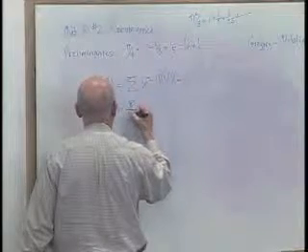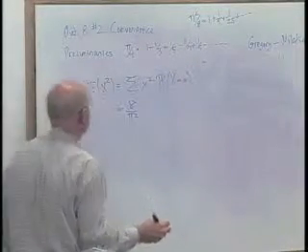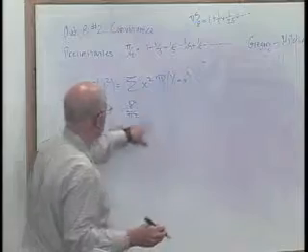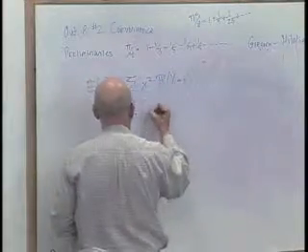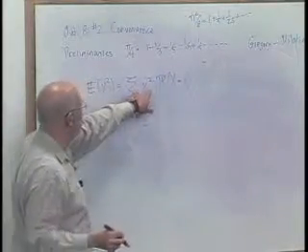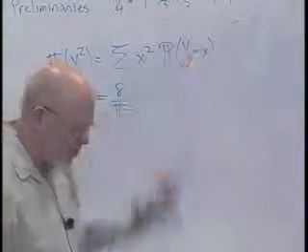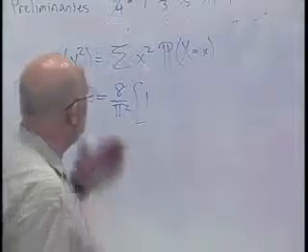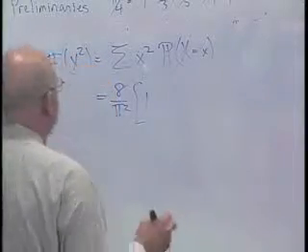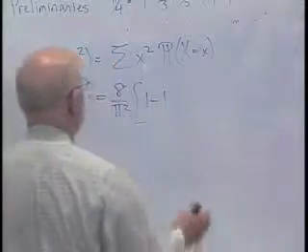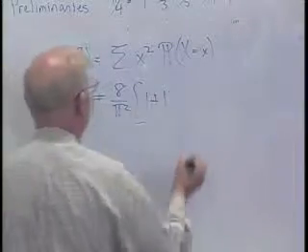And that's 8 over pi squared. Now for the first term, x squared is 1. And then for the next term, x squared is 9, but the probability that x was equal to minus 3 was 1/9. So I get minus 1. I get plus 1.